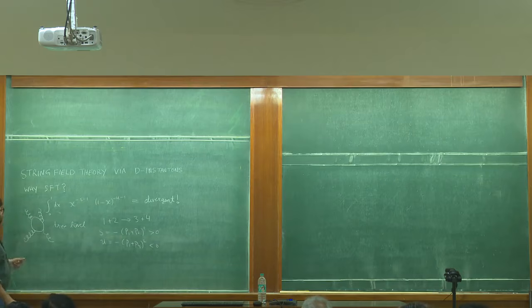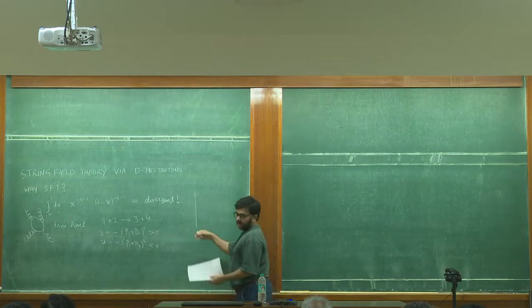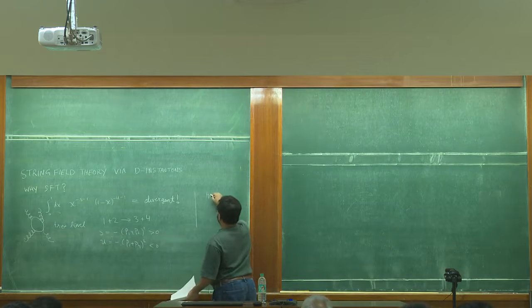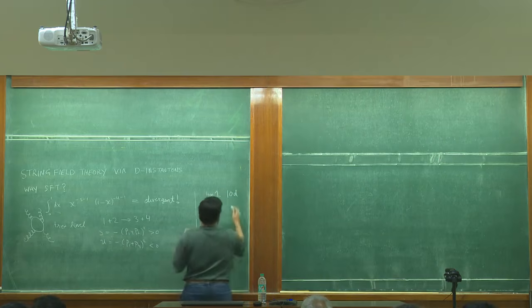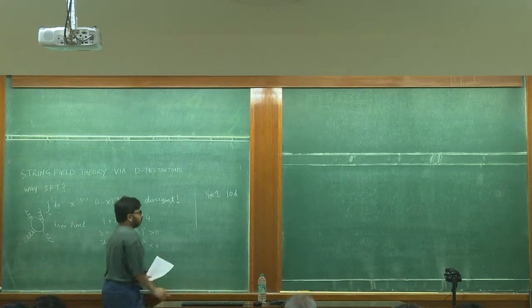I should say that just for context, to be concrete, the tachyons are not playing a role here. This formula is for type 1 string in 10 dimensions. So you have 10D Minkowski space, it's type 1, so that means there are 16 supercharges.